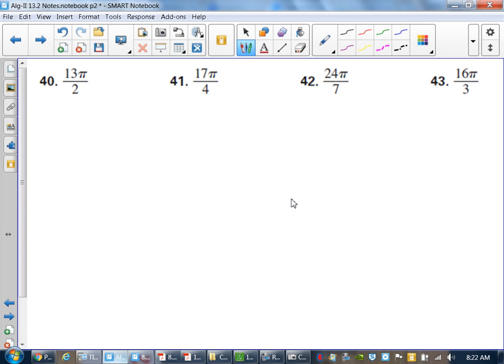So this is 6 and 1/2 pi. You okay with that? Which means I have to count, place it. 1 little, 2 little, 3 little pies, 4 little, 5 little, 6 little pies. And then how much further do I go? Half. And I wind up there.